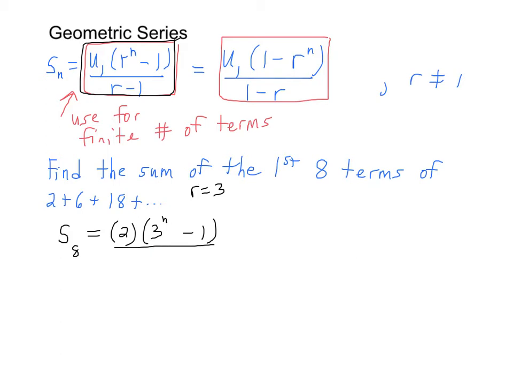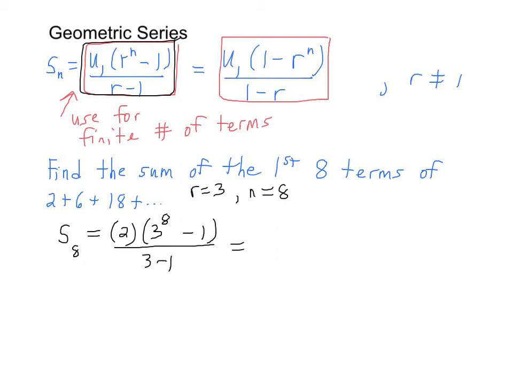So be careful. Oh, you know what? I forgot to put an 8 here. So 3 to the 8, and then this is all over r minus 1, so 3 minus 1. Let's make this a little bit neater. This is an 8. That is the n value, so n would be 8.